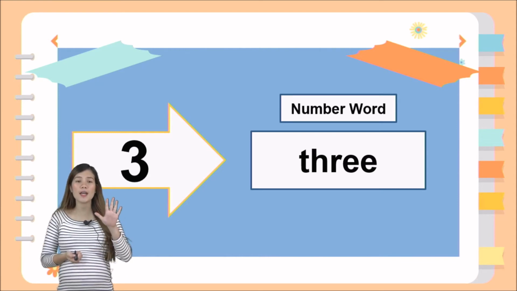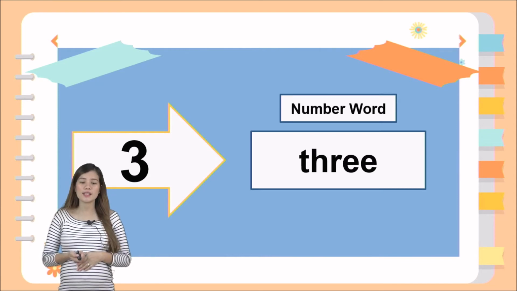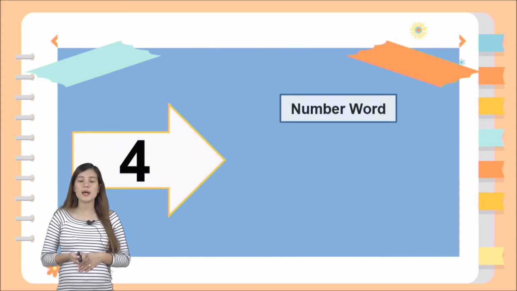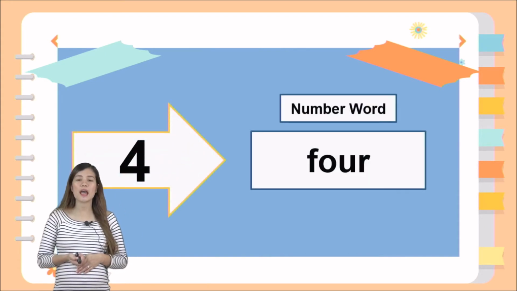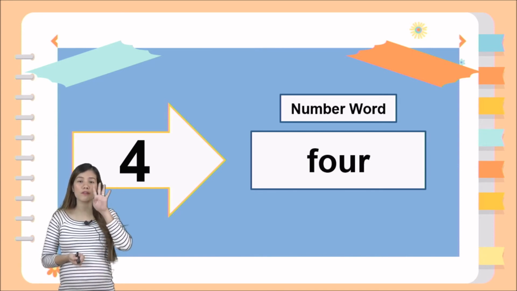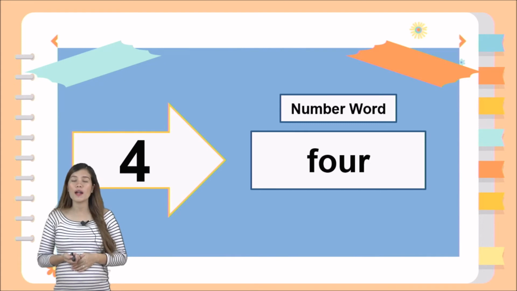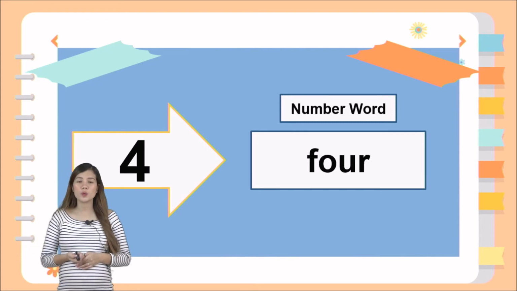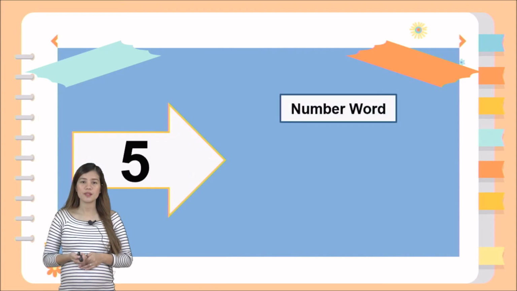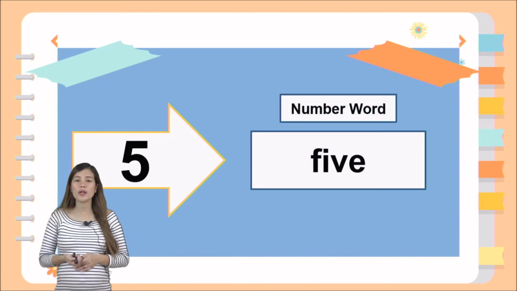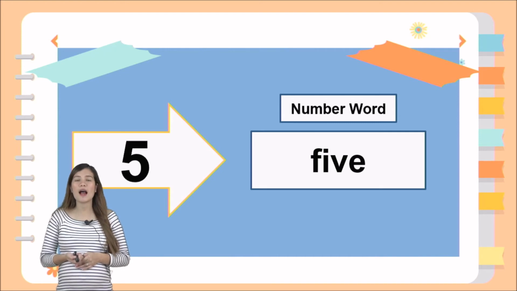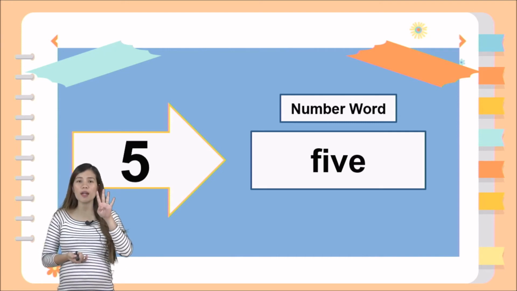It's 5 letters. Next, number 4, and the number word is F-O-U-R. It's 4 letters. Next, number 5, and the number word is F-I-V-E. Again, F-I-V-E. It's 4 letters.